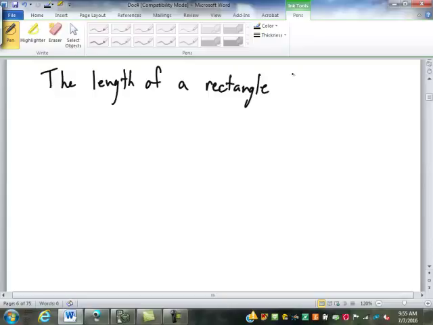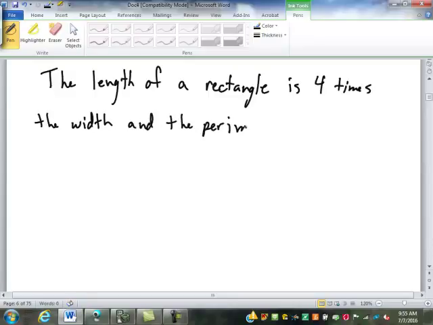If I tell you the length of a rectangle is 4 times the width, and the perimeter is 140.